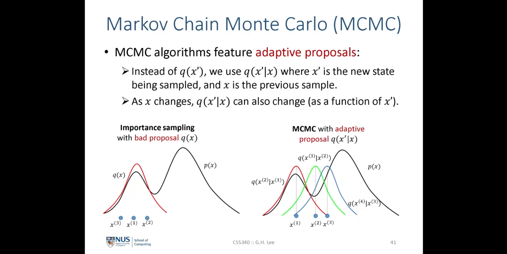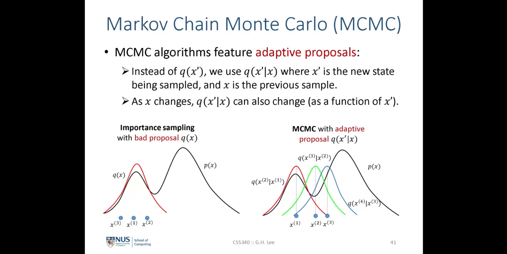So instead of Q of x prime, which we use to draw the proposal sample at a particular time step, we use Q of x prime conditioned upon x, where x prime is the new state that we want to sample currently, and x is the previous sample. So as the sample changes at every iteration, the proposal distribution also changes with the sample that was drawn previously.